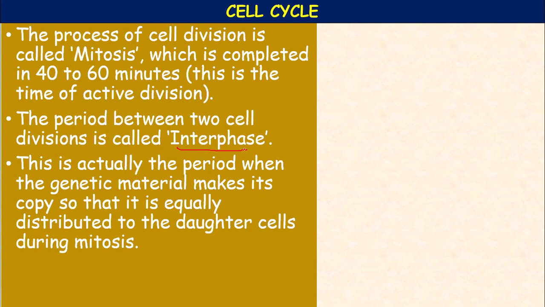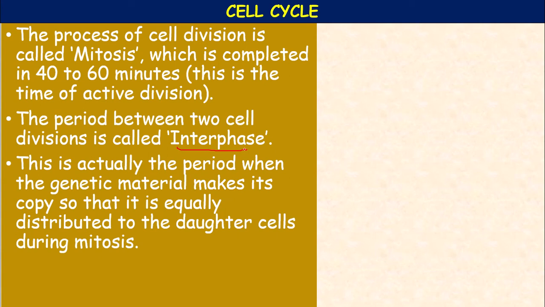So in G1 phase, that is growth phase 1, the period of maximum growth takes place in the cell. Okay? During this, what happens? RNA and protein synthesis occur.